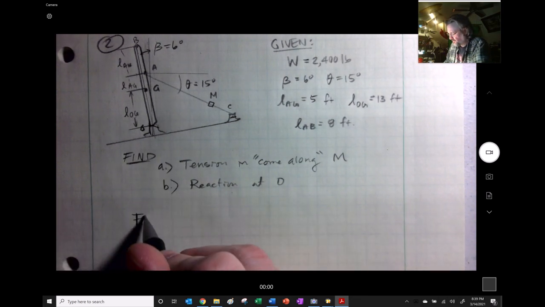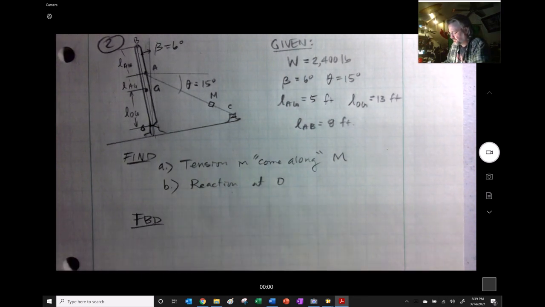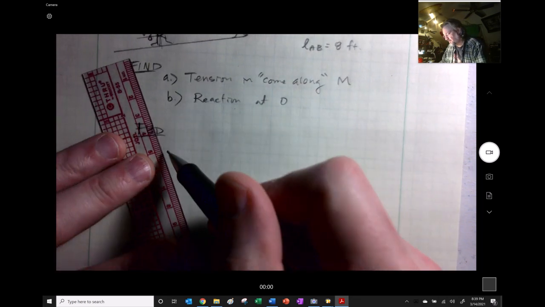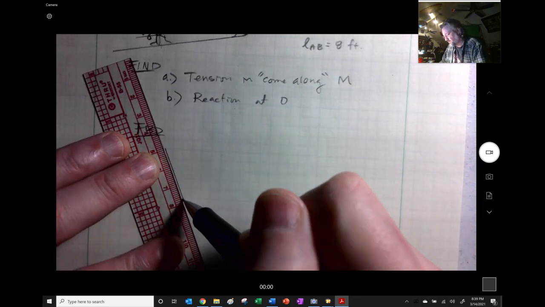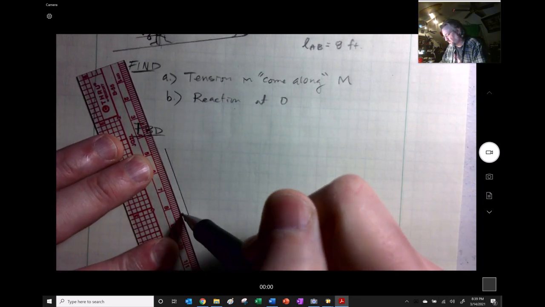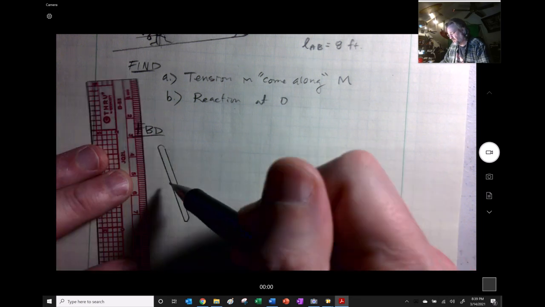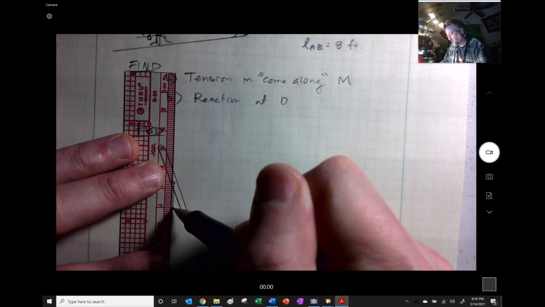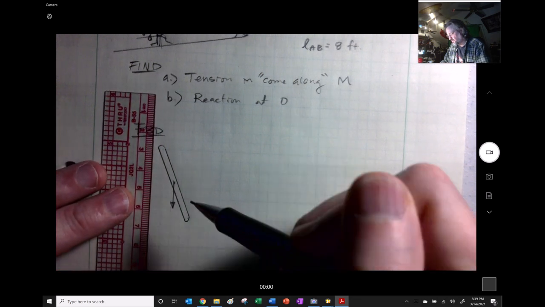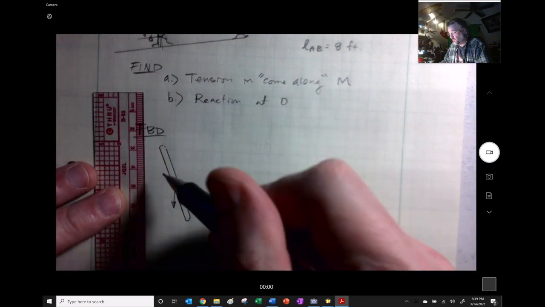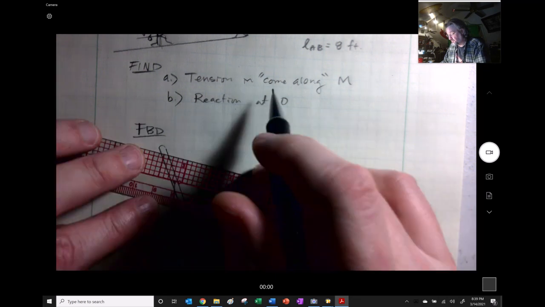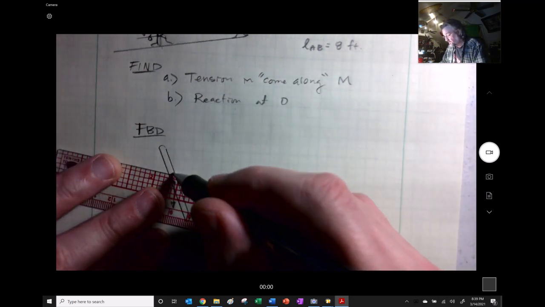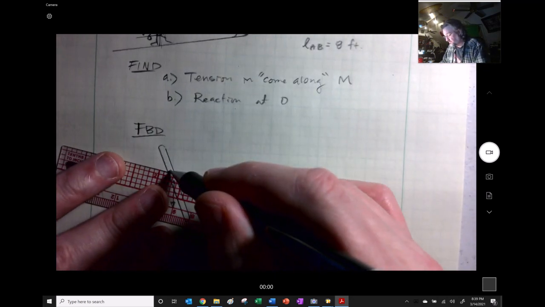So we write out our FBD. And I can tell you that probably the best thing to do is to exaggerate some of the angles in such a way that you can get the dimensions in there so that they'll make sense. Right there. This is to the center. And then this up here is a little bit higher.